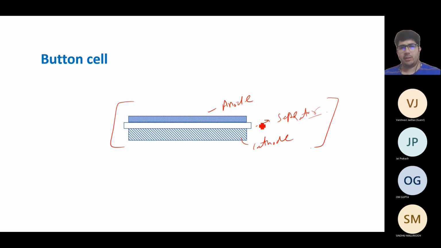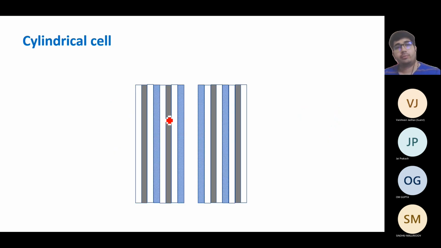The separator separates the anode and cathode and also works as the electrolyte. It eliminates the direct connection between the anode and cathode, ensuring that no electrons pass directly from anode to cathode. Only the electrons will pass through the external circuit, and only ions will pass through the electrolyte from anode to cathode.